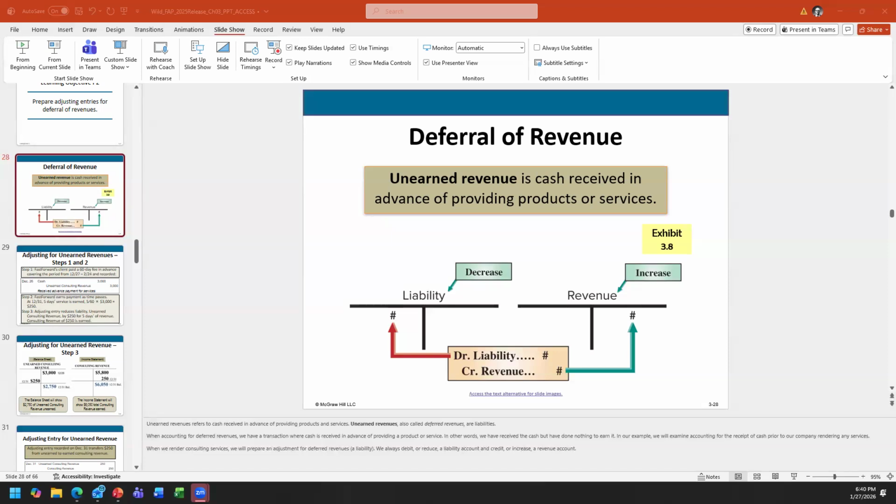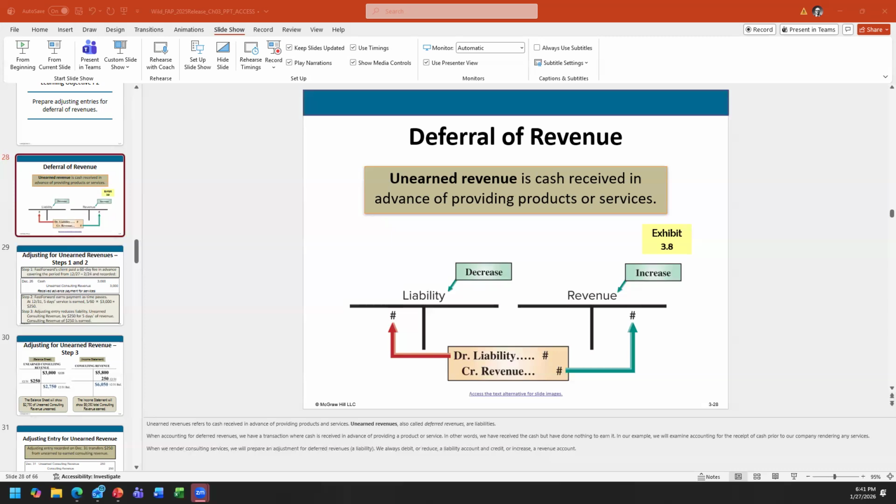I made the sale. Dario pays me in cash for $100. So I'm going to debit cash $100, and then I'm going to credit unearned revenue for the $100.